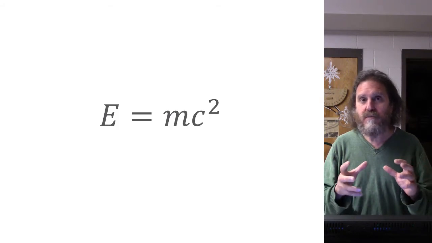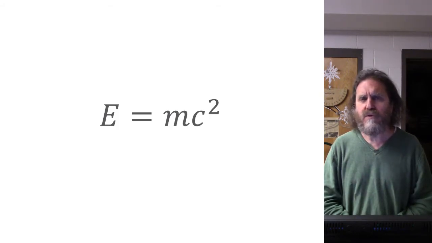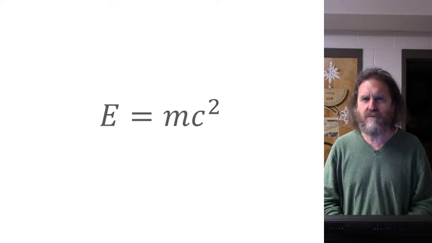It's a very tiny bit heavier. How much heavier is it? Well, not very much, because the equivalent mass is given by this equation. If you put a certain amount of energy in, the mass equivalent is that amount of energy divided by that super large number, the speed of light squared.